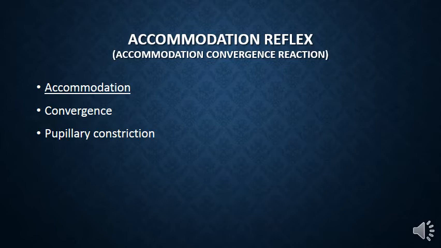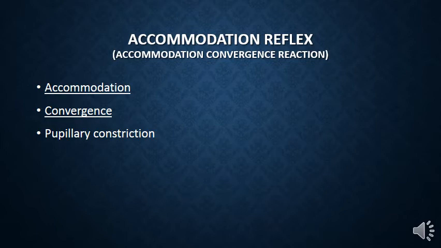It is because of the contraction of the ciliary muscles, which decreases the tension on suspensory ligaments. As a result, the lens gets thickened and there is an increase in its refractive power.